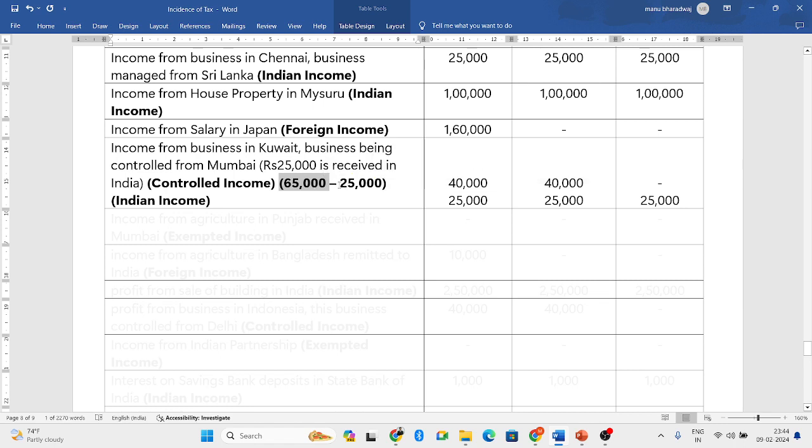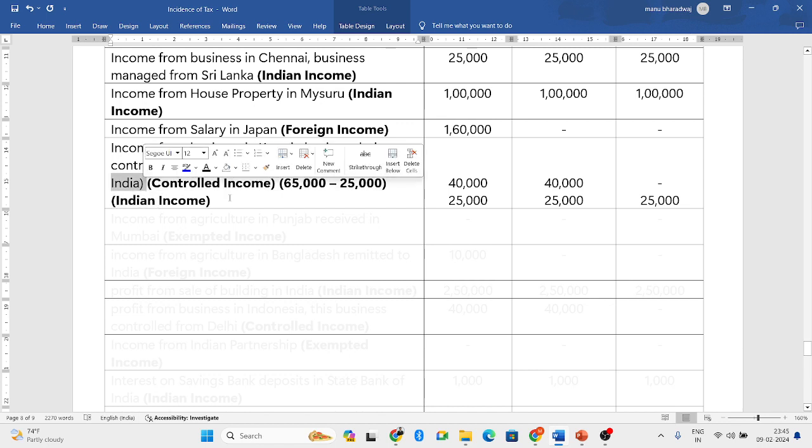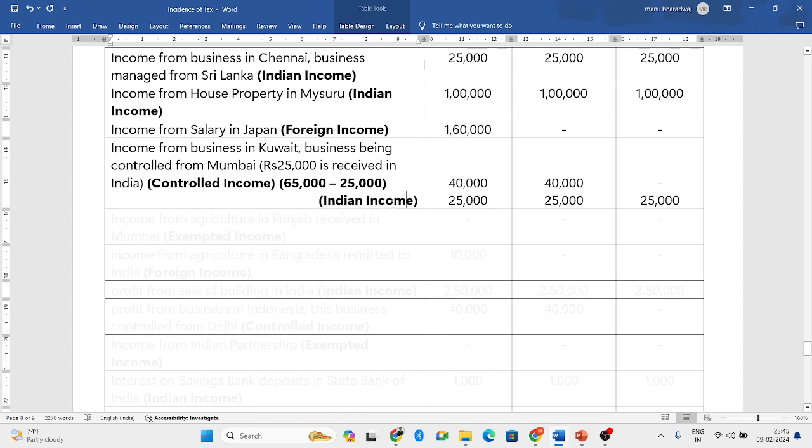In that, 25,000 is received in India, so the remaining 40,000 is a controlled income. As I told you, for controlled income, two persons will be taxed, ordinary resident and not an ordinary resident. Whatever 25,000 you have received in India, it is an Indian income. And Indian income, we know that all the three people will be taxed.